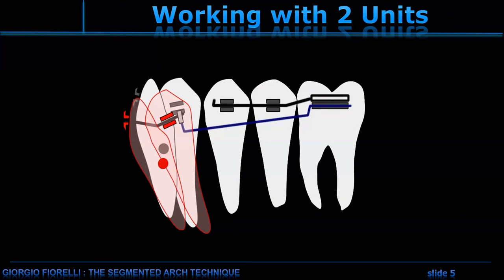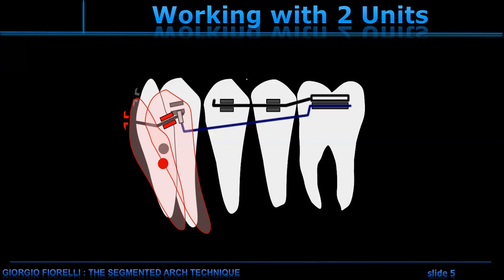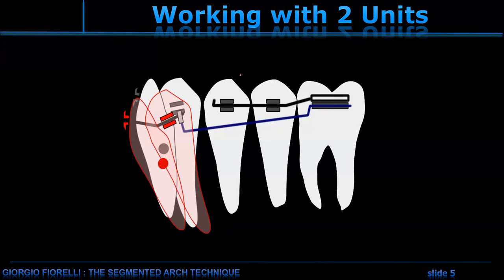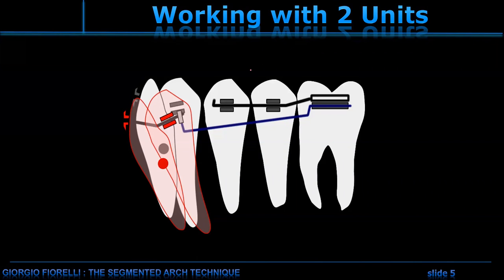This is also important when we don't actually have a passive or reactive unit, but we sometimes have two active units, and we want to move these teeth as a group. If you work with two units, sometimes it's hard to say the posterior unit is the reactive unit, because you want to move it as well.